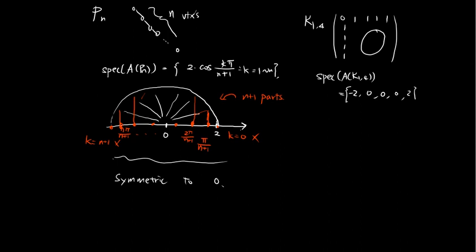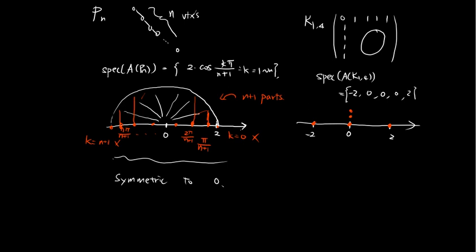So what you have seen here is that 0 is an eigenvalue, but it happens 3 times. There is -2 and +2, and each of them is an eigenvalue of multiplicity 1.